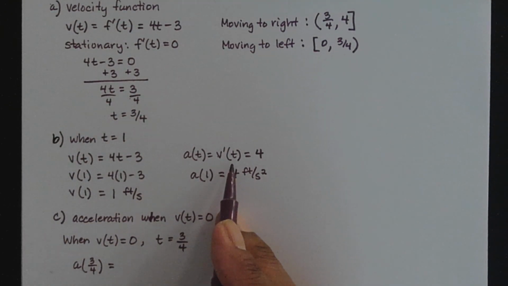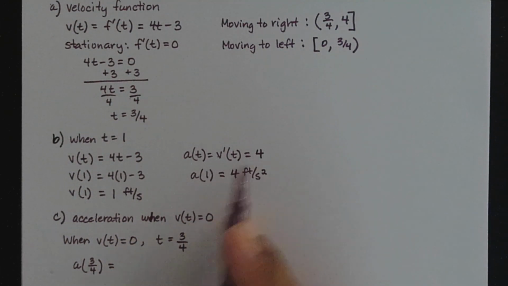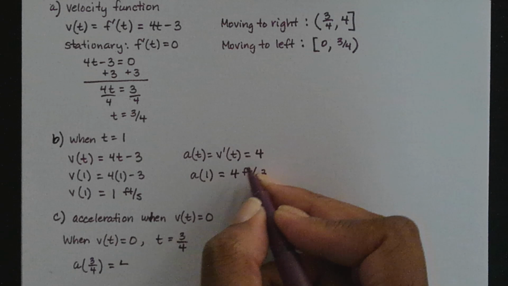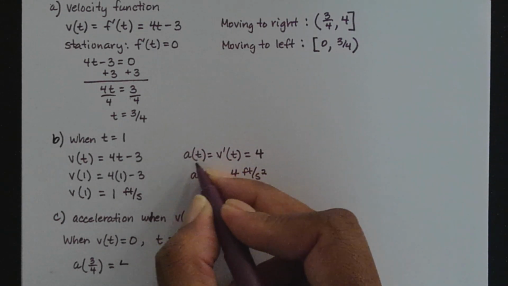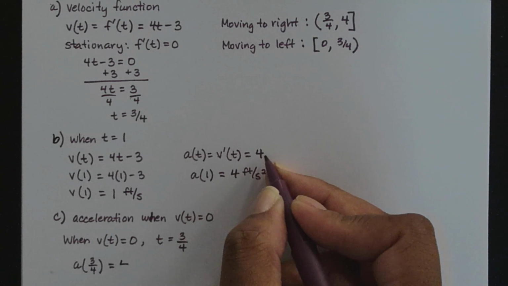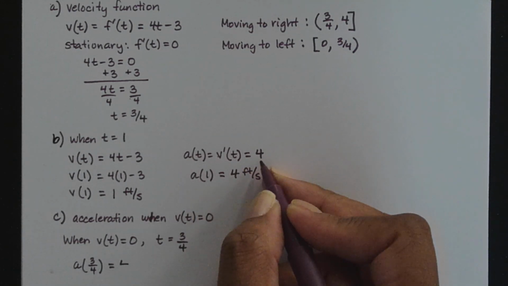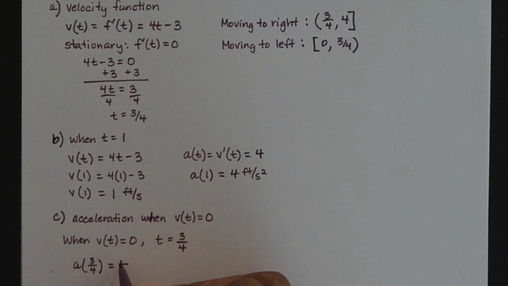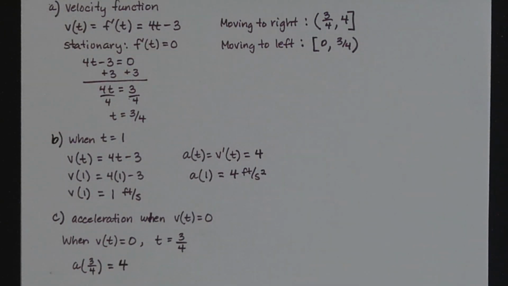Going back up here, a of t was 4, so what must a of 3/4 be equal to? Okay, I'm sorry, a of t is 4. So what must a of 3/4 be? Also has to be 4.